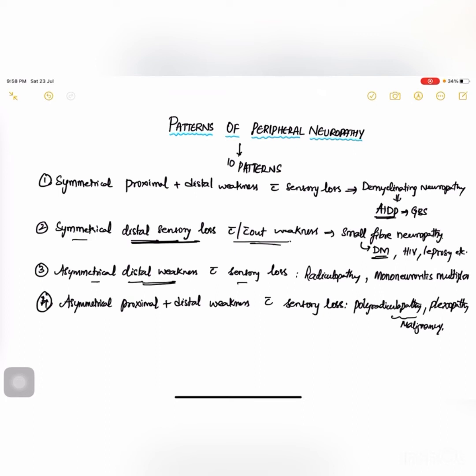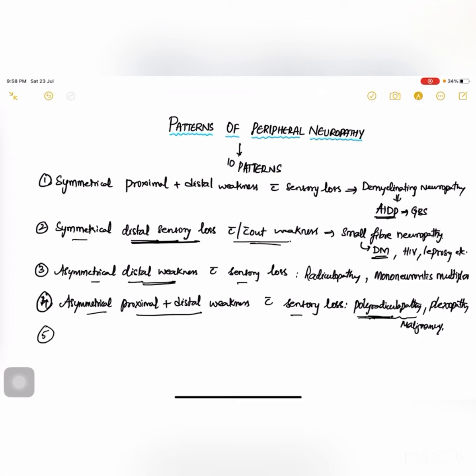If it is symmetrical proximal plus distal weakness with sensory loss, then it comes under demyelinating neuropathy. If it is asymmetrical and involves both proximal and distal parts of the limbs, with weakness and sensory loss, it indicates multiple roots are getting involved, and it is asymmetrical because whenever roots get involved, it is asymmetrical. So multiple segments are involved, and polyradiculopathy and plexopathy are the best examples.